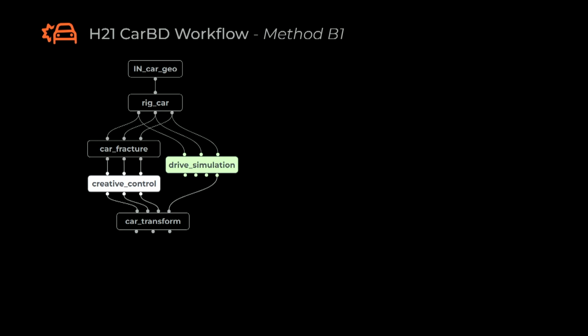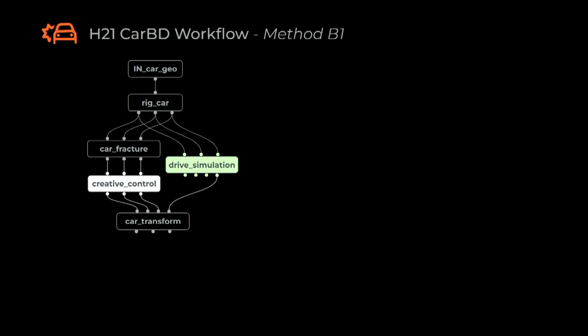But note that if you're doing some major changes on your car rig, for example, changing the center of mass or changing the wheel scale, you might want to refracture your car and recache it to disk in those instances. But again, it doesn't mean that you have to do it every time. You now have the ability to say, I want to iterate on a certain thing only a certain number of times.